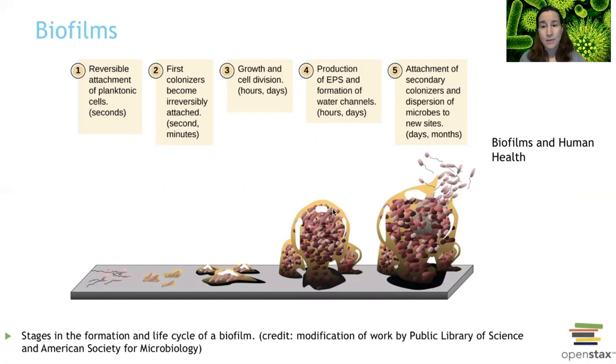So they can buddy up together. If you had the aerobic ones on the outside and the anaerobic ones on the inside of the biofilm, it works. If one bacteria metabolizes the byproduct of another bacteria's metabolism, it's symbiotic. So these are different types of species that work together, and they form a biofilm.